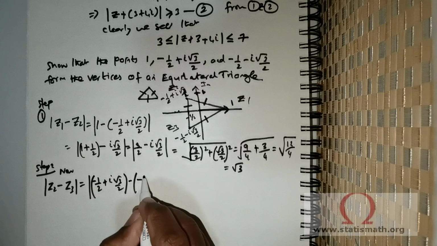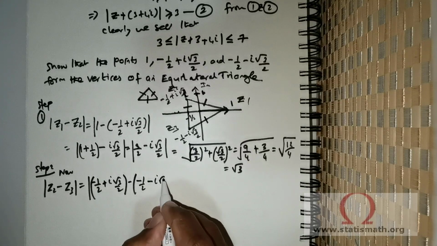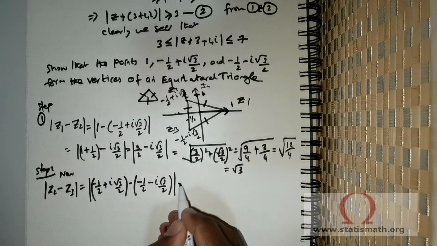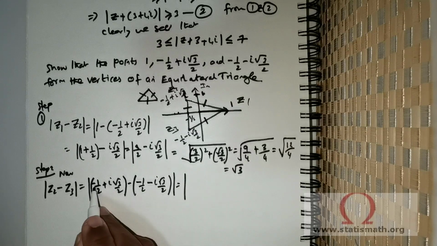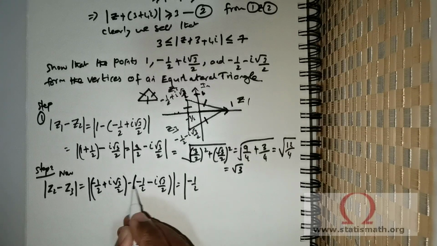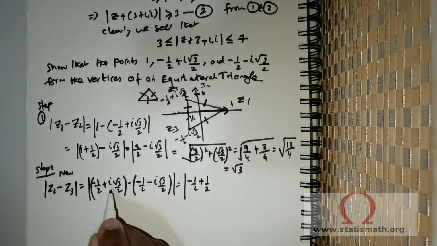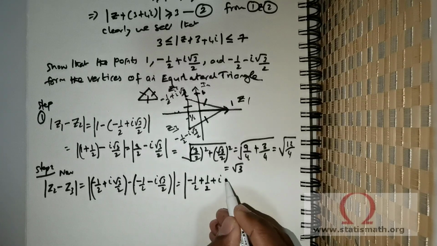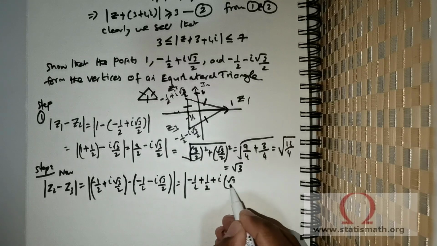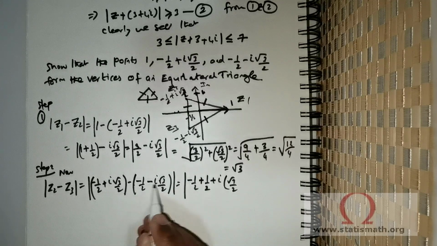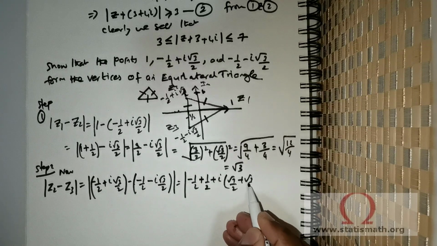Z3 is negative 1 over 2 minus i times root 3 over 2, which is rewritten as negative 1 over 2, negative negative positive, so positive 1 over 2 comes there, plus i times root 3 over 2, negative negative positive, root 3 over 2.